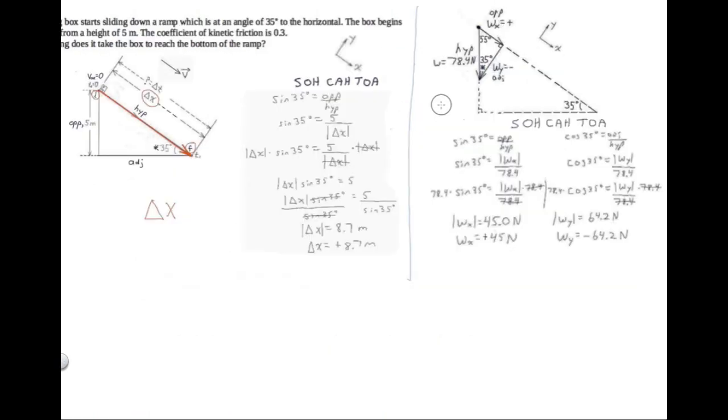Notice that for this problem, we had to apply the SOHCAHTOA process twice. First, we applied the SOHCAHTOA process in order to break the weight force into components. Then, separately, we applied the SOHCAHTOA process again in order to determine delta x. And notice a very important difference in these two applications of SOHCAHTOA. In this application of SOHCAHTOA, we multiplied a number by the sine of 35 degrees in order to get our result.